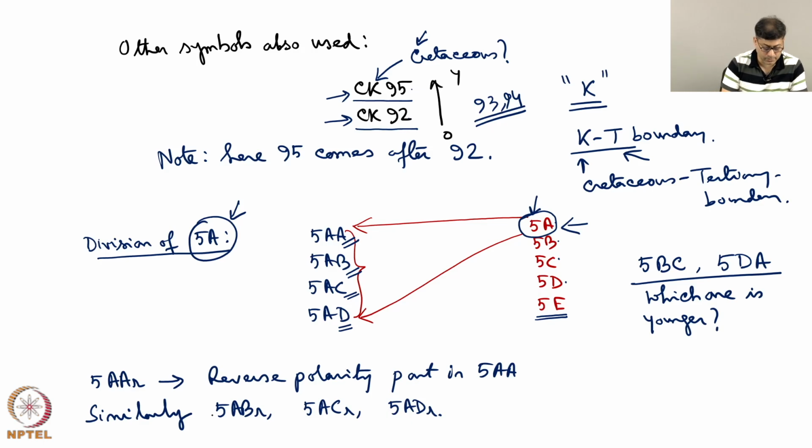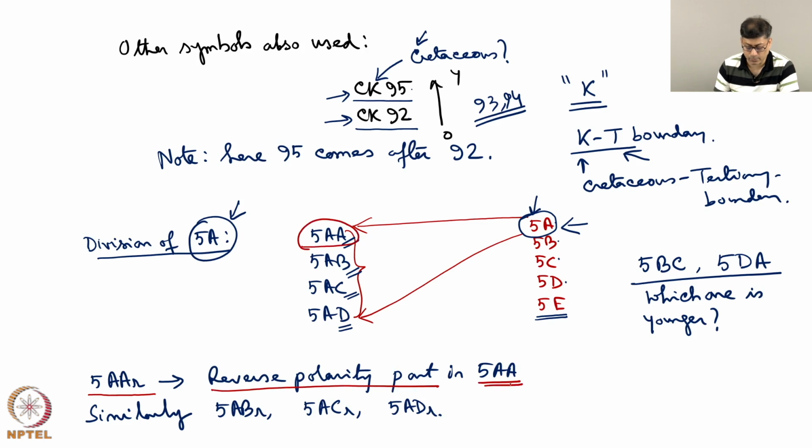Now, other symbols and notations we will see. Suppose we write 5AAr with a capital A and a small r. What does this mean? This means the reverse polarity part in 5AA. This is 5AA. Now, we can break it into two parts, reverse and normal polarity. The reverse polarity will be given by 5AAR.